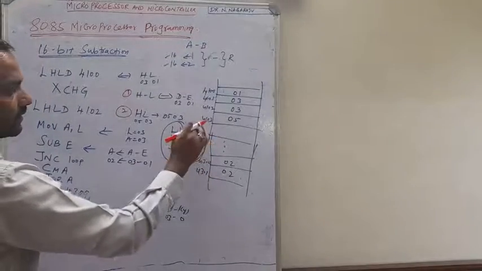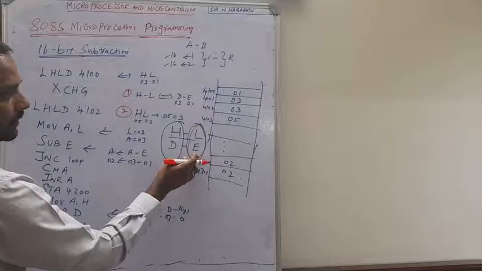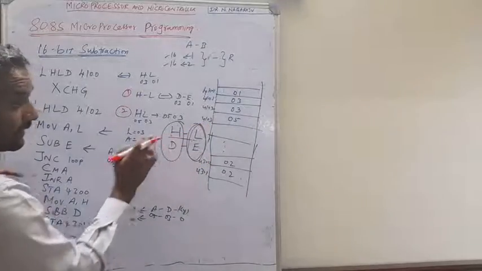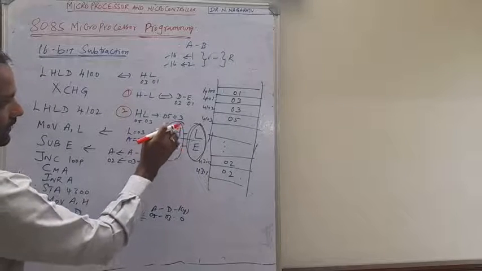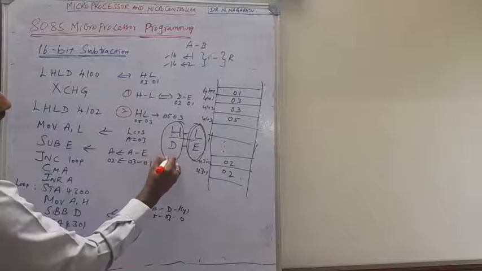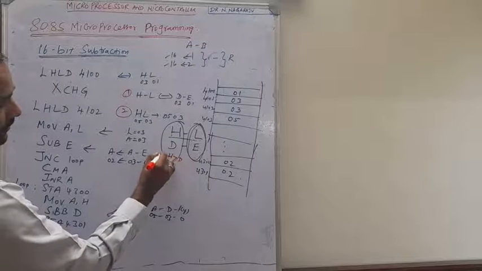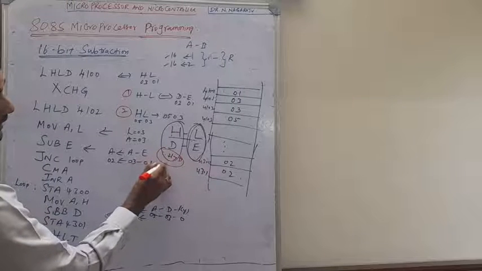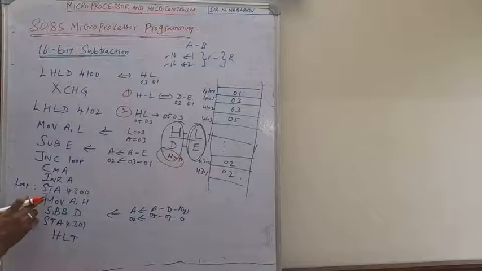Whether it is lower minus higher or higher minus lower, H must always be greater than D. This is important. H must always be greater than D, but for L and E you can give any type of data if you use the SBB D instruction.